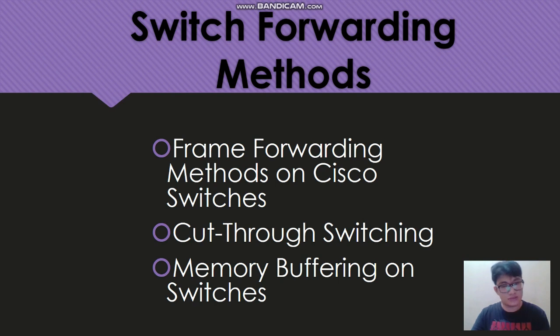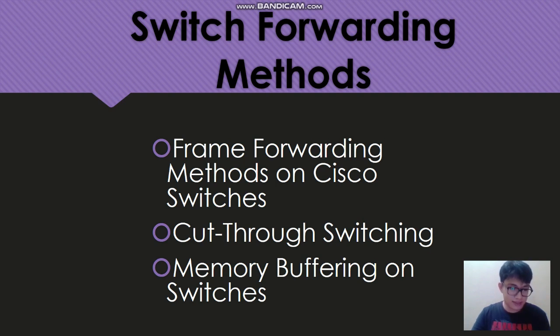Next one is the switch forwarding methods. Frame forwarding methods on Cisco switches. Switches use one of the following forwarding methods for switching data between network ports. One is store and forward switching, and the other is cut-through switching. In store and forward switching, when the switch receives the frame, it stores the data in buffers until the complete frame has been received.